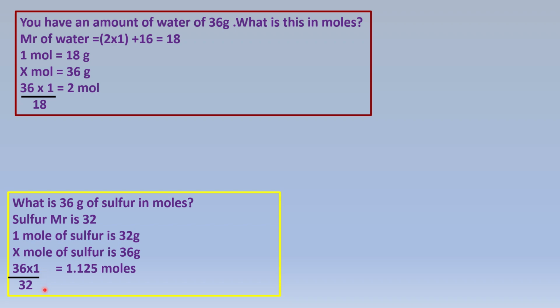When divided by 32, it is 1.125 moles. So the answer, 36 gram is equal to 1.125 moles. So you can see that each substance has a different mass in the mole.